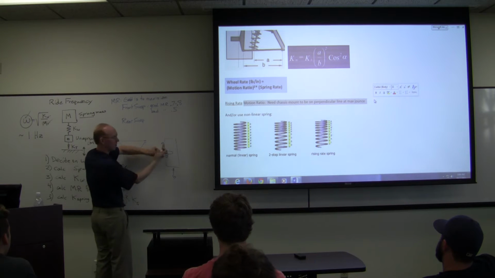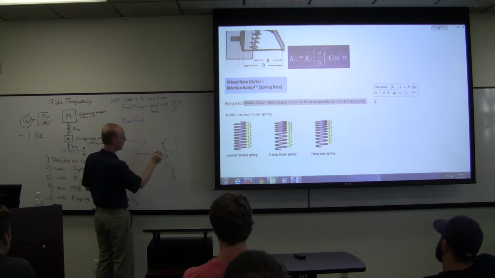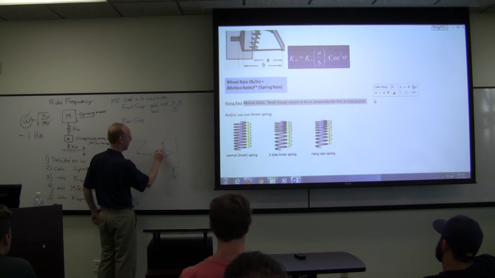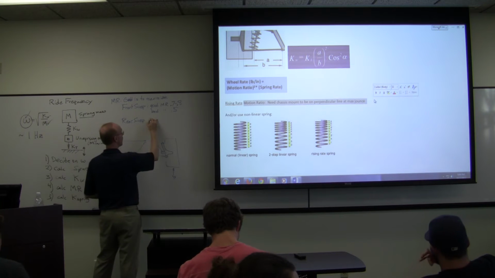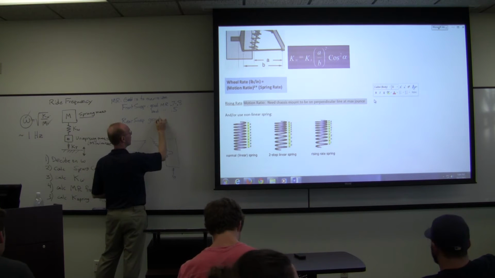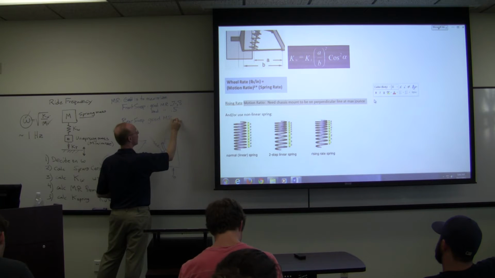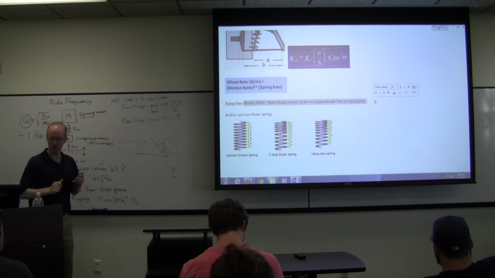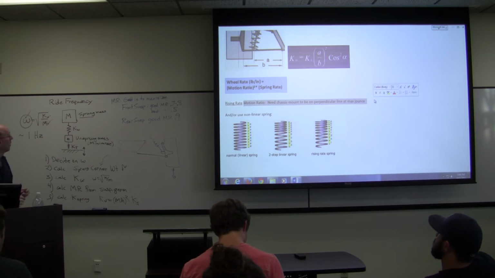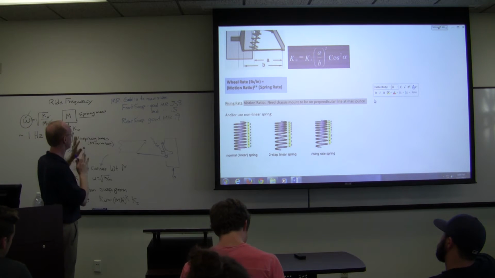Because that wheel is not turning, you can put a little perch there, put the spring right there. So rear suspension, you can usually get 0.9. Okay, so that gives you some ideas about the targets.